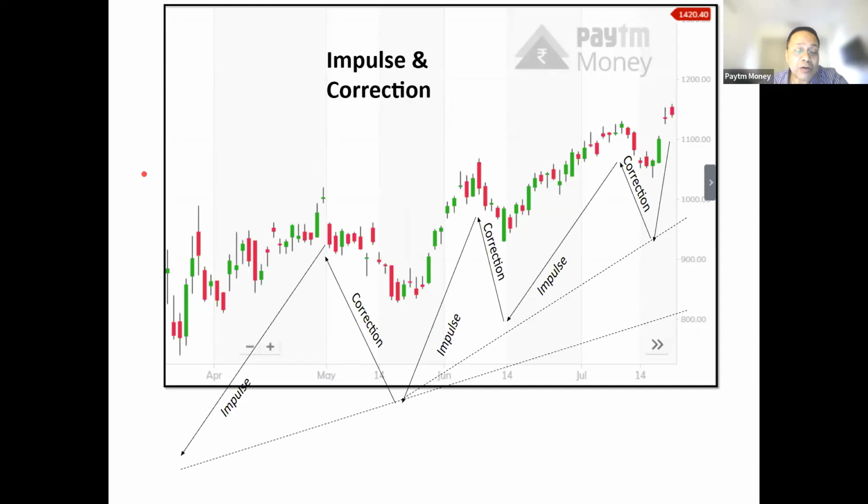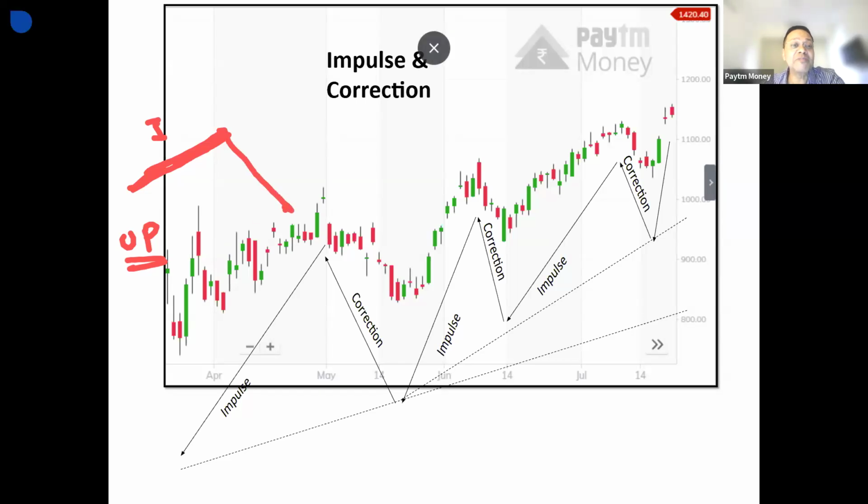Now look, the market is going up. What was the trend so far? The trend was up. So this move is considered as what? Can you guys write? This move is considered an impulse. Okay, this is an impulse move. Now, the next move should be a corrective move.